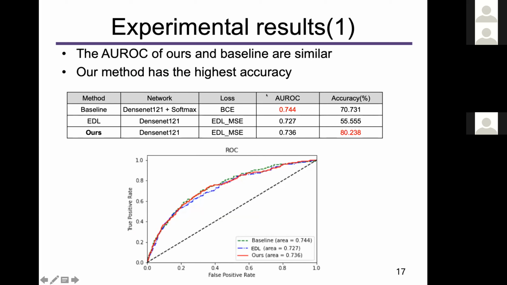So in terms of AURC, the baseline has the best score, but the others are similar. The difference between baseline and EDL or ours is not that significant. But in terms of accuracy, we have about 80% accuracy, while the CheXNet baseline has 70% accuracy.